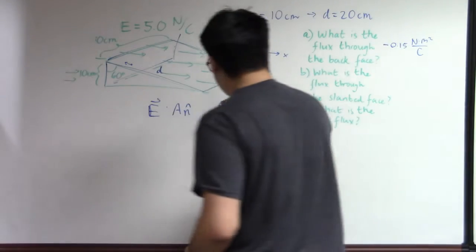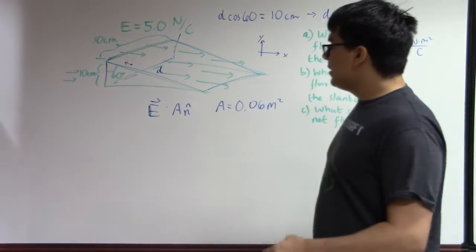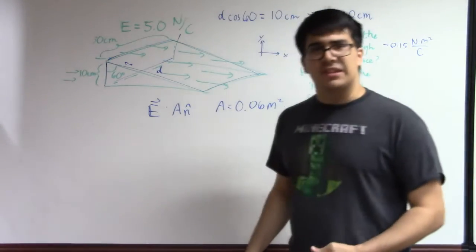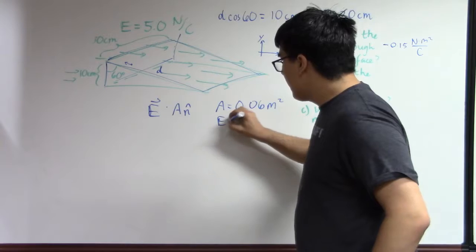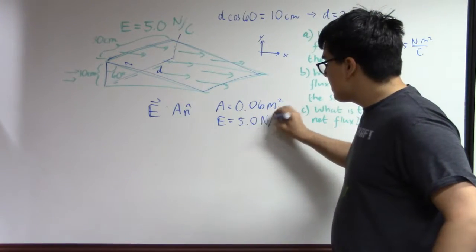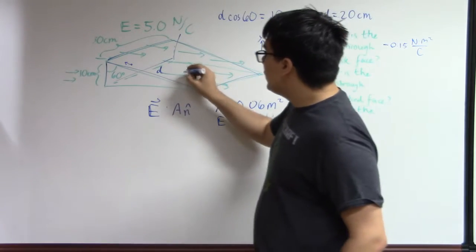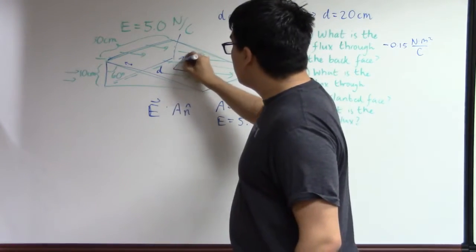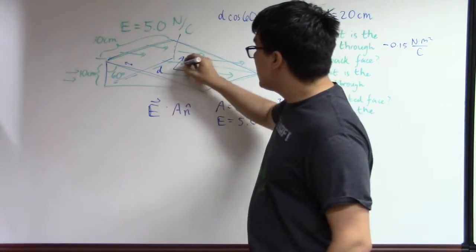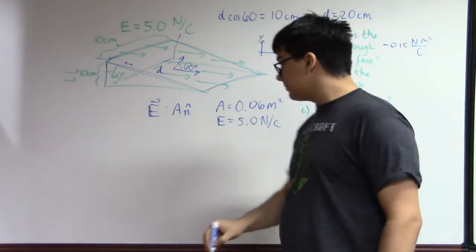All right? And as always, E is going to be 5.0 newtons per coulomb. And the angle between the electric field vector and the n hat is actually going to be the same angle here, 60 degrees.